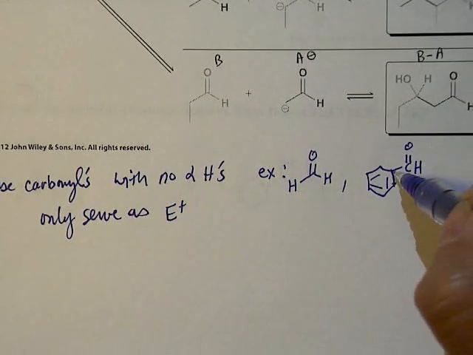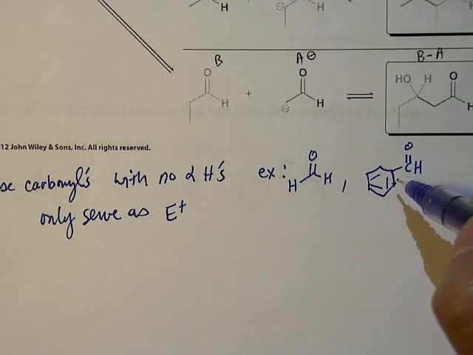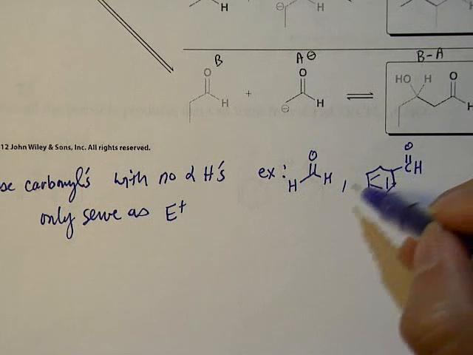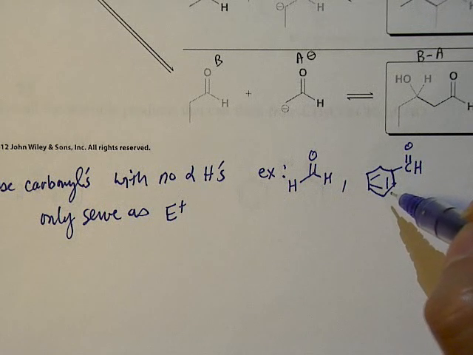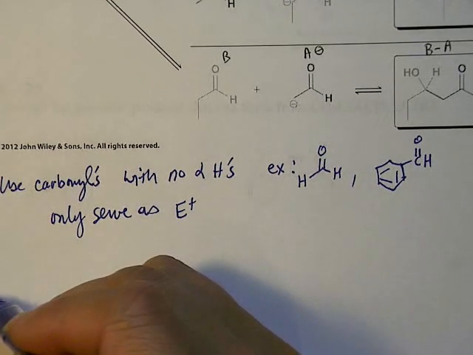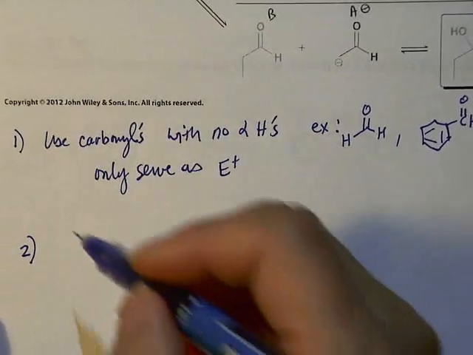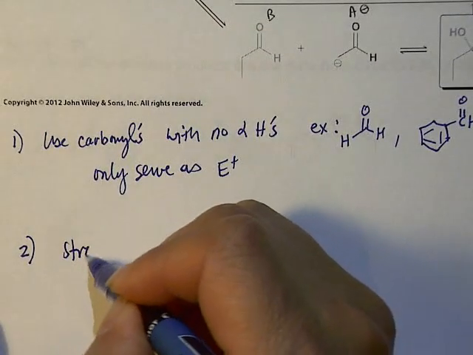Many students would think that there's a hydrogen here, but you know that this carbon already has 4 bonds, so there's no hydrogen there, so there's no alpha hydrogen. So these 2 examples could only serve as electrophile, so therefore they can't do a self-condensation product, all right?